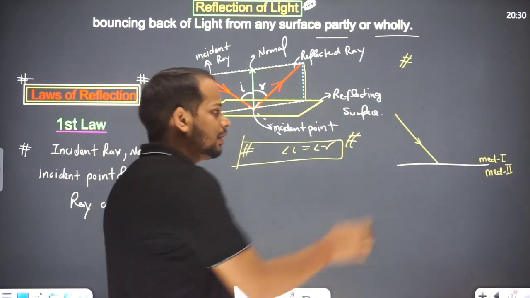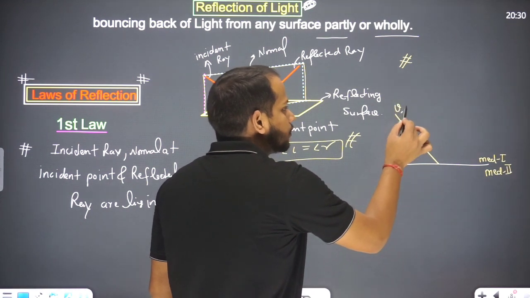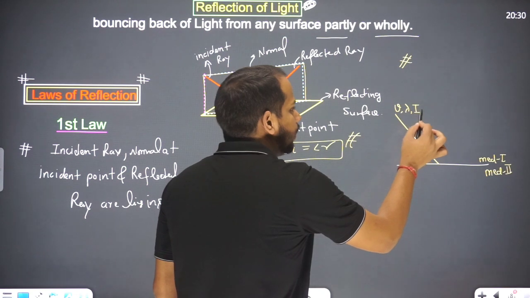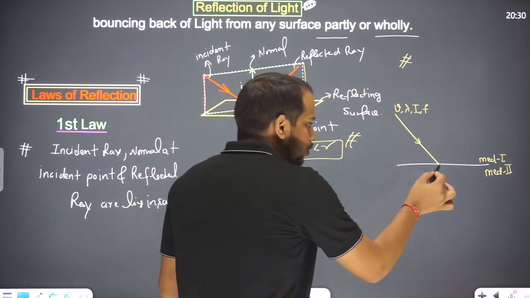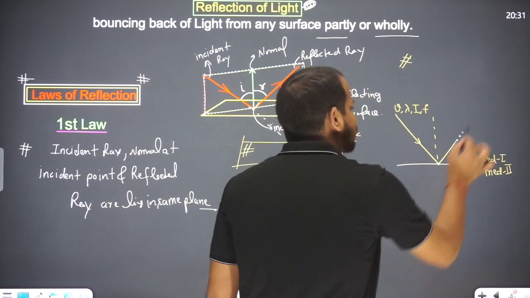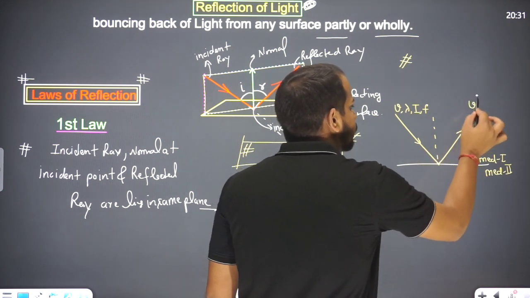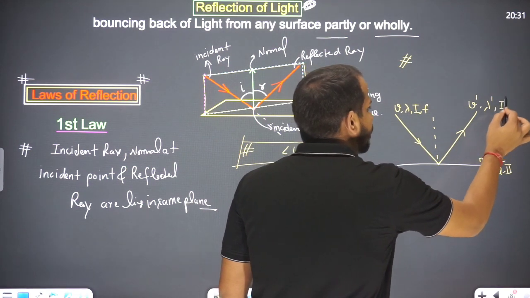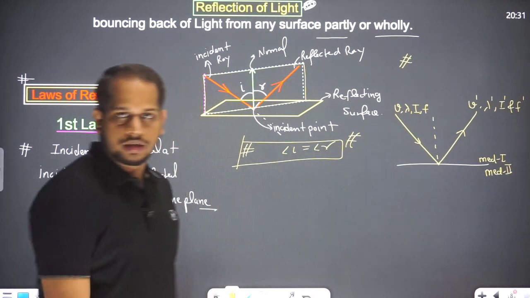So when light is incident on this, we assume there is a velocity v, wavelength lambda, intensity I, and frequency f. And there is a normal here. If there is a reflection, it will reflect back into this medium. For this, the velocity is v dash, wavelength is lambda dash, intensity is I dash, and the frequency is f dash, right?